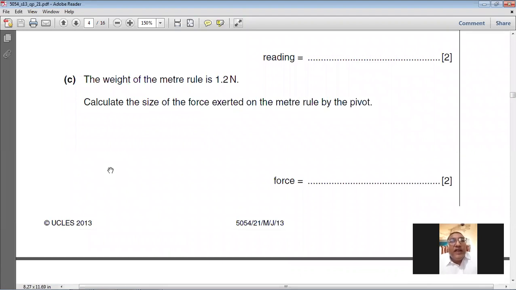The weight of the meter rule is 1.2 Newton. Calculate the size of the force exerted on the meter rule by the pivot. Okay. You know, the thing is in balance, so the upward force and the downward force are equal to each other.